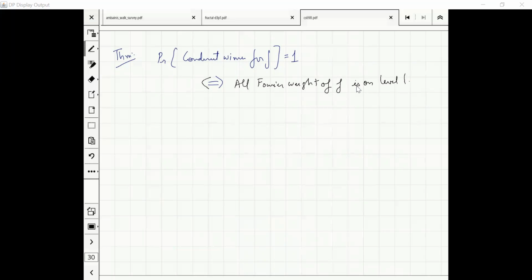This is the same as saying that f hat of S not equal to 0 implies cardinality of S is equal to 1. I only have Fourier coefficients nonzero at the first level, but this is something which we have done before, right? What are the Boolean functions for which the Fourier weight is concentrated only on level 1? Basically the dictator functions, because we are talking about Boolean functions. Exactly. Dictator or negation of dictator. Exactly. This is Arrow's theorem.